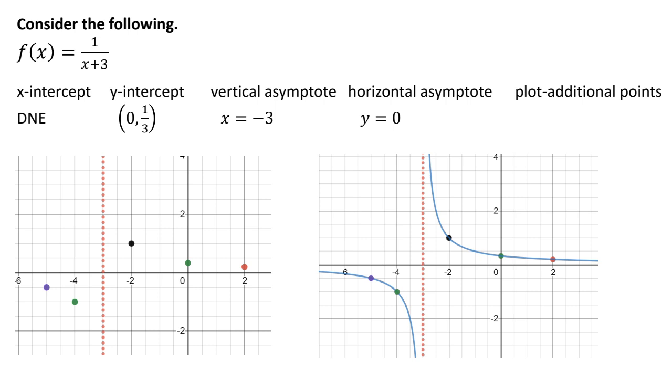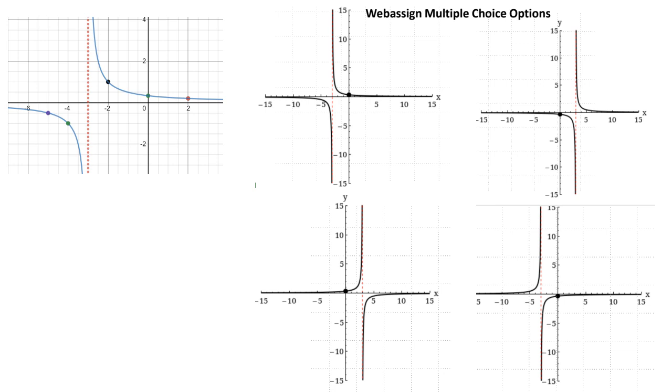So if you're doing stuff on the computer or you have an online class, hopefully these are easy once you know what you're looking at, and you have a multiple choice. The right answer for this graph is easy to see. It's this first one. This one obviously has the wrong vertical asymptote, correct horizontal.